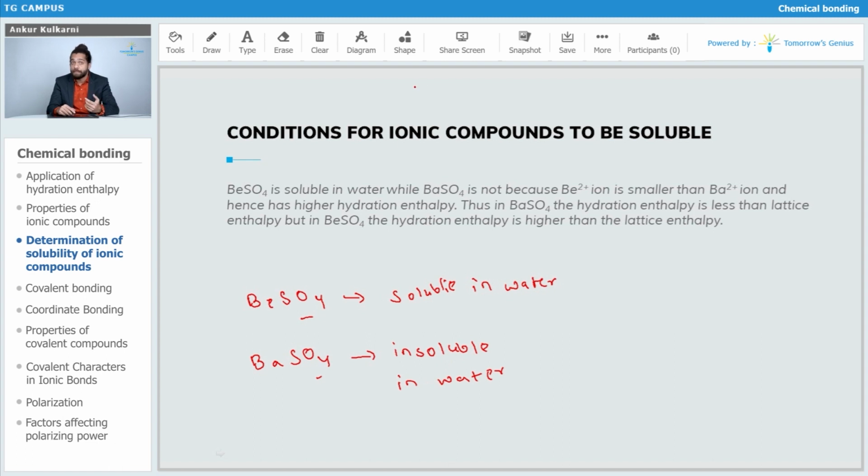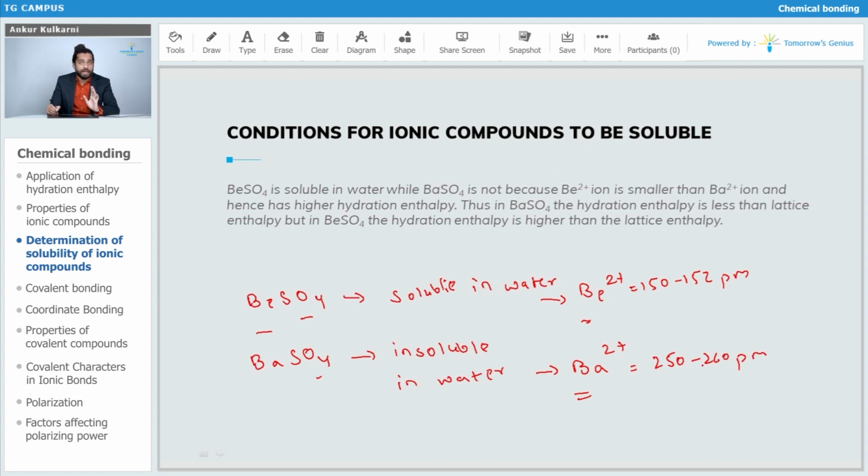So let's understand by what means. You have BeSO4, correct? When we talk about the Be2+ ion and the Ba2+ ion, if we compare both of them, students, which is larger in size? Obviously barium is larger in size and beryllium is quite smaller, around 150 to 152 picometer, and barium is around 250 to 260 picometer.